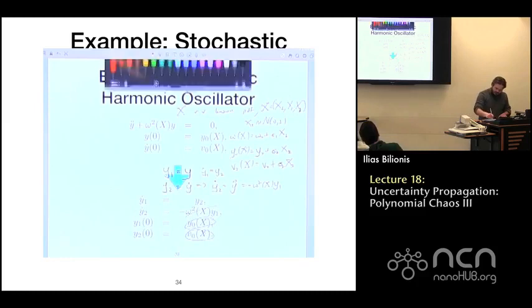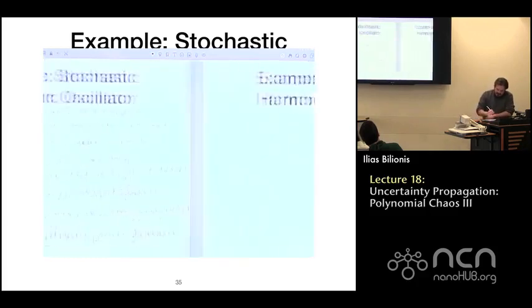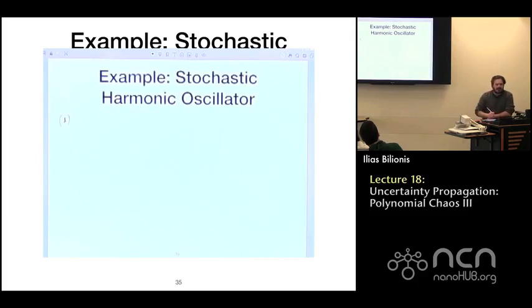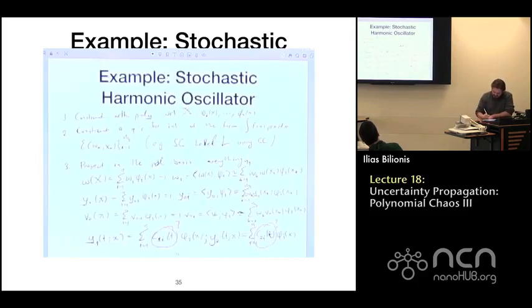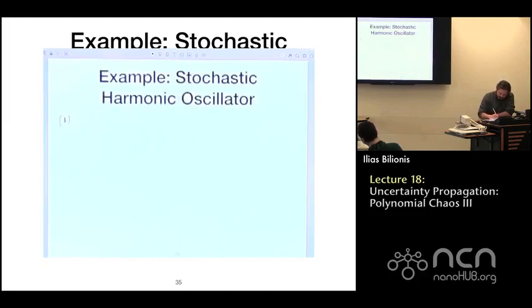So let's just do this. Let's call this 1, this 2, this 3, and this 4, and let's just project the hell out of it. So here we go, we take 1, and we just plug in this expression. So we're going to get that y1 dot equals y2.